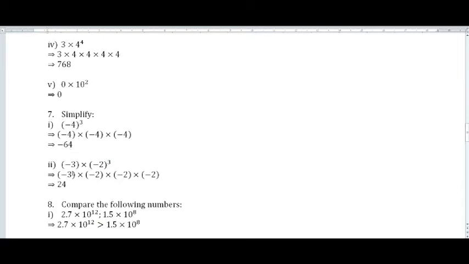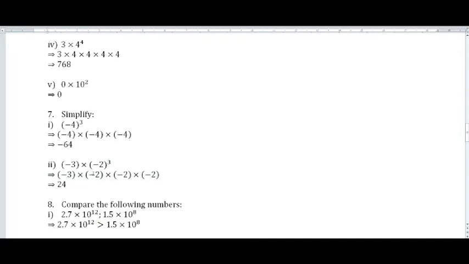In step number 2, here we have minus 3 into minus 2 cube. We will expand it like how we have done in question number 6, that is minus 3 into minus 2 into minus 3 into minus 2. Here we have to multiply the minus signs first.